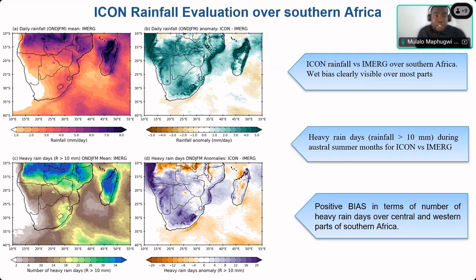You can see in most places there is a wet bias when it comes to ICON rainfall. That means that you tend to get more places getting more rainfall from ICON as compared to what is actually observed. We did the same with heavy rain days, which is rainfall over 10 millimeter during the same austral summer months.